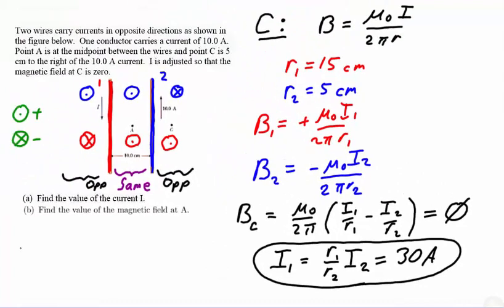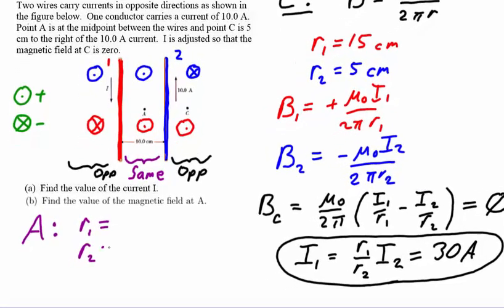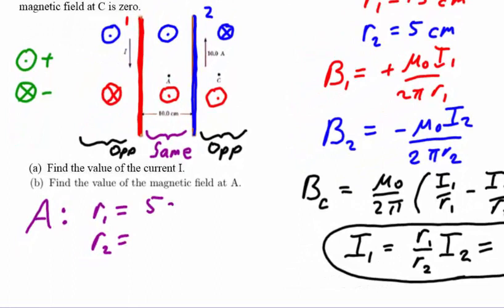For our final calculation, we need to consider what's going on at point A. Since point A is the midpoint between the two wires, both R1 and R2 are equal to 5 centimeters. As we can see in the figure, both the contribution from the blue wire and the red wire are directed out of the page, which we've selected as the positive direction.